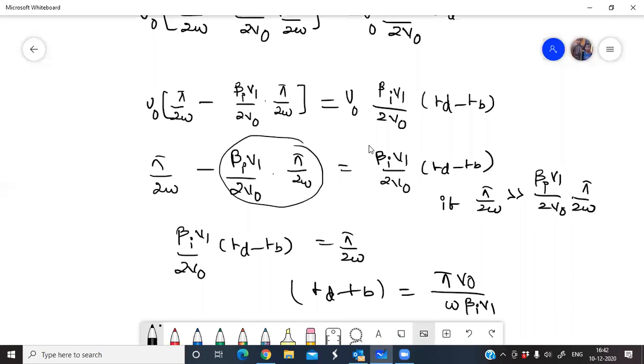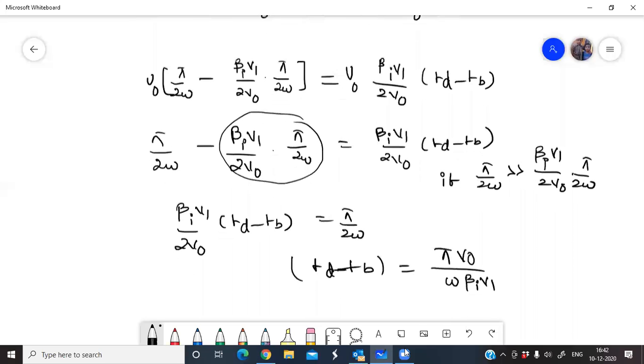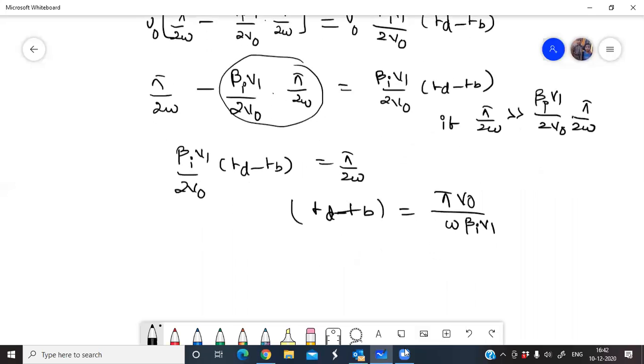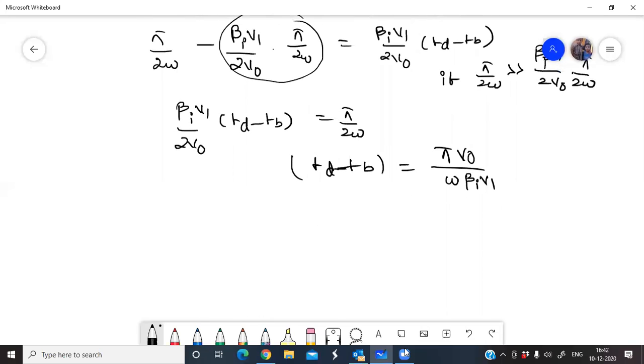Because the 2 gets cancelled. TD minus TB equal to pi into V naught by omega beta I V1. But what is our main aim? Bunching distance, that is delta L.